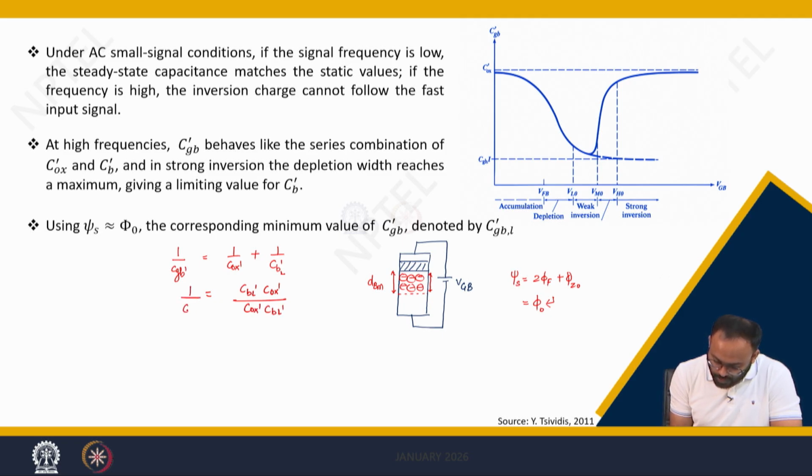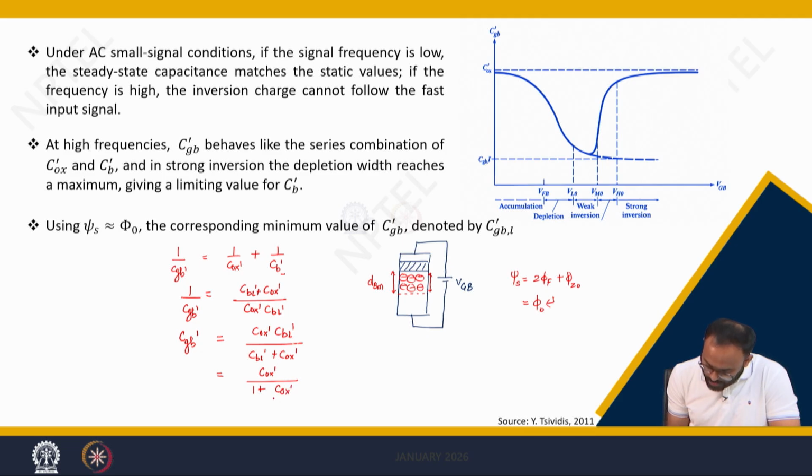So CGB dash, the equivalent gate to body capacitance per unit area, is given by COX dash CBL dash divided by CBL dash plus COX dash. Take CBL dash common, and you will get COX dash divided by 1 plus COX dash by CBL dash.